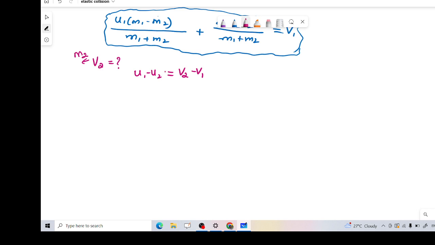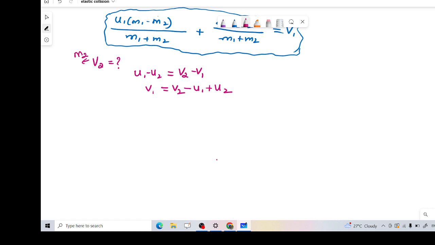So v1 becomes a plus, v2 remains on this side, and u1 minus u2 interchanges, so plus u1 becomes minus u1 and minus u2 becomes plus u2.